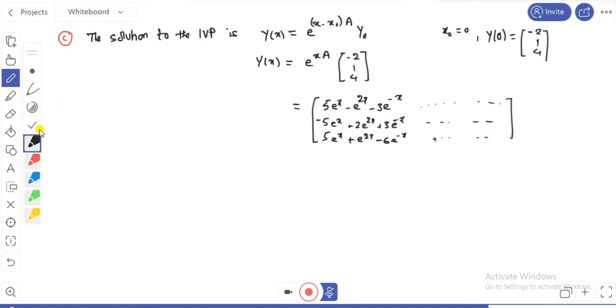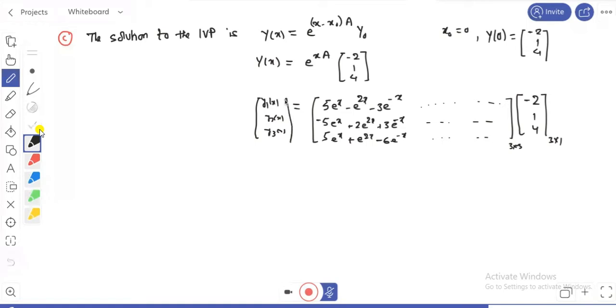So this is the exponential of that multiplied by this column, minus 1, 2, 4. So you have to multiply. This is a 3 cross 3 matrix, and this is a 3 cross 1 matrix, and this is y(x), meaning your solution is y1, y2 and y3.